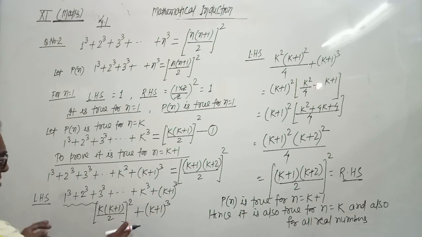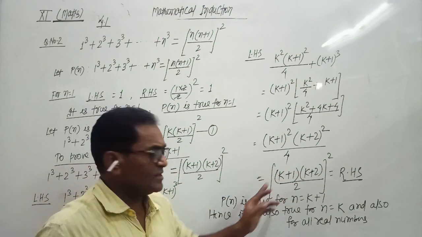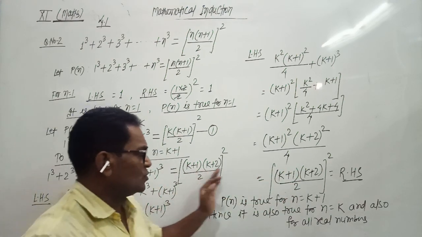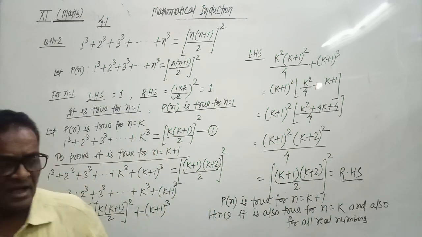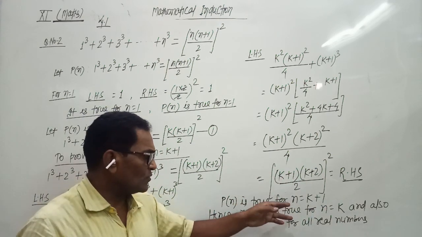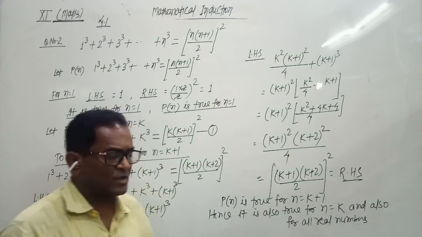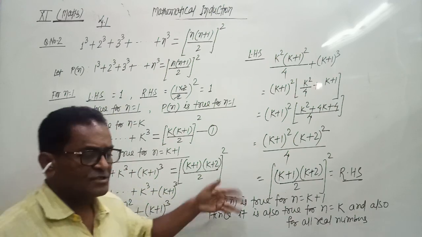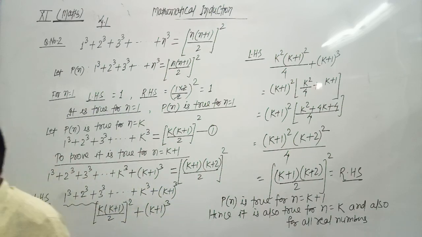Then we solve the LHS to get the RHS. And if it has been proved that it is true for n equals to k plus 1, hence it is true for n equals to k and also for all real numbers.